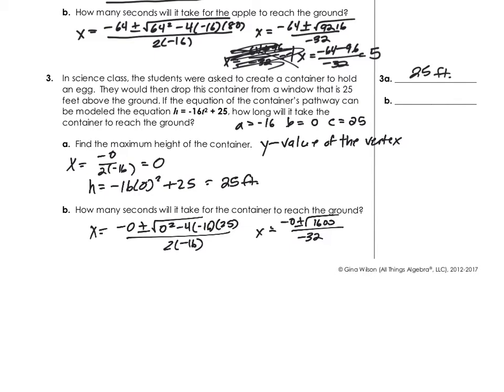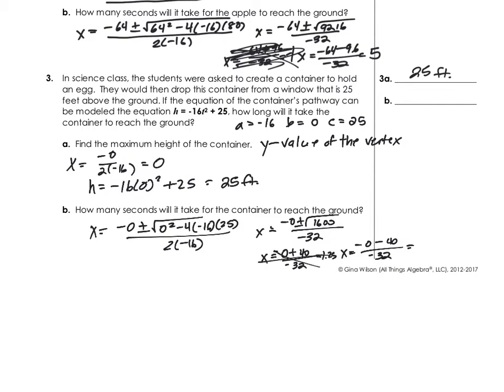So this should be x equals negative 0 plus 40 divided by negative 32, and negative 0 minus 40 divided by negative 32. Okay, if we do the first one, 40 divided by negative 32, that's negative 1.25.